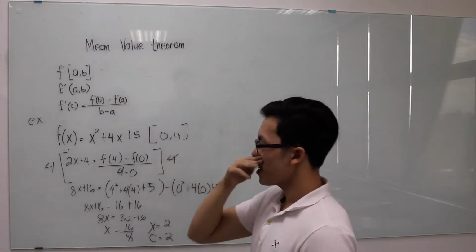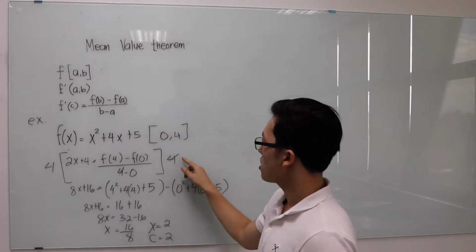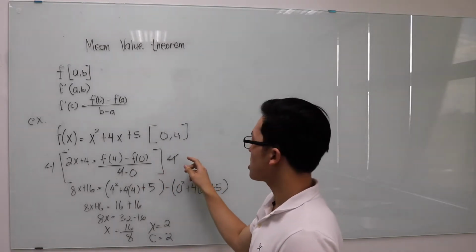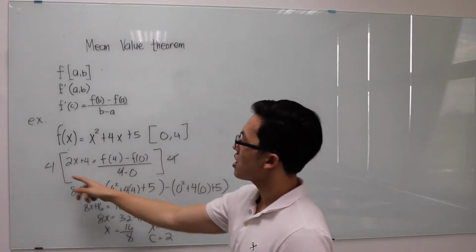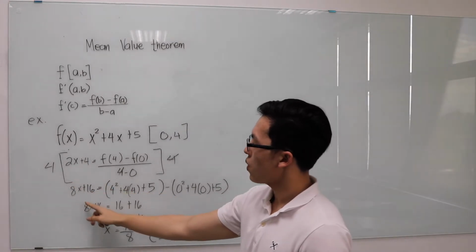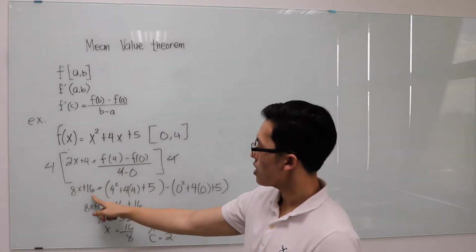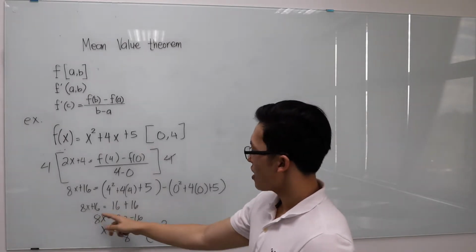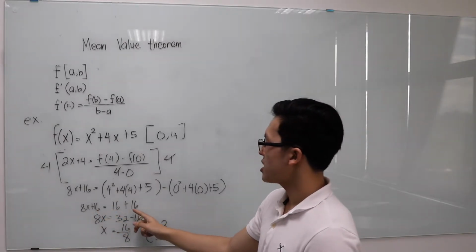To make it simpler, cancel the denominator 4, so multiply both sides by 4. The 4 cancels, and multiply 4 to 2x plus 4. So 8x plus 16. And so you will get 8x plus 16 equals 16 plus 16.